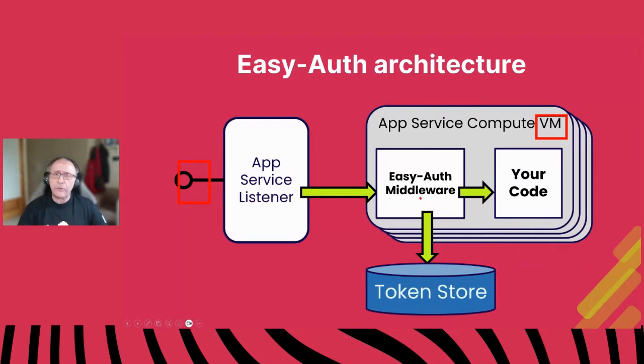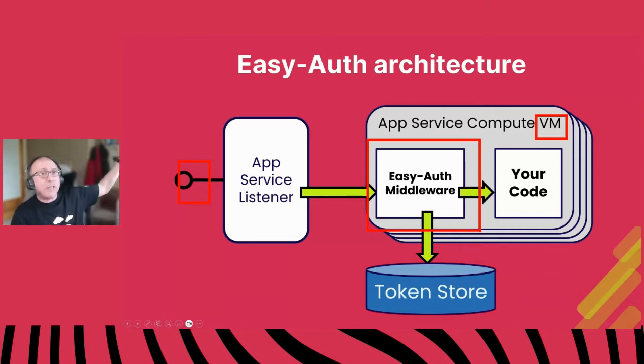When you configure Easy-Auth, the platform puts a middleware between your code and the listener. So every request arriving from the listener, so from outside your application, will go through the Easy-Auth middleware and arrive at your code.